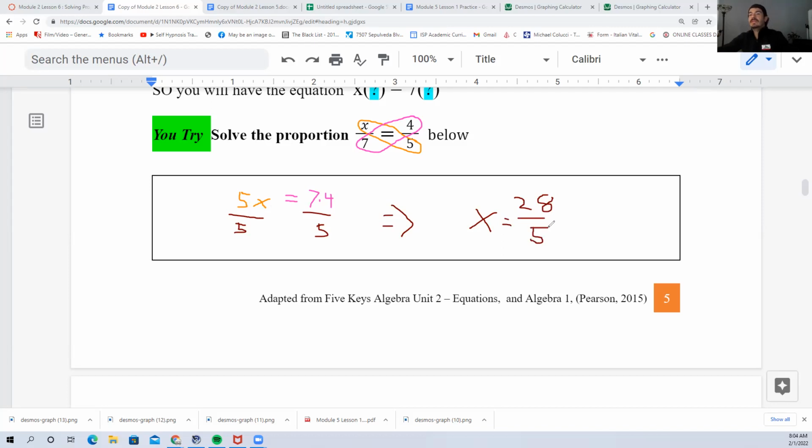You could certainly write this as a decimal if you like. This would be 5.6, I want to say. Yeah. But you don't need to. 28 divided by 5, while we're accustomed to calling this an improper fraction, at the level of algebra that we're at, we would prefer the improper fraction to a mixed number.